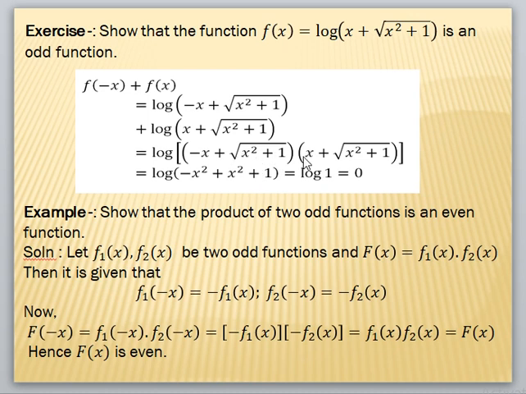So adding you will get log 1, but we know that log 1 is equal to 0, so f(-x) plus f(x) equals 0, which implies f(-x) is equal to minus f(x). So this function f(x) is an odd function.